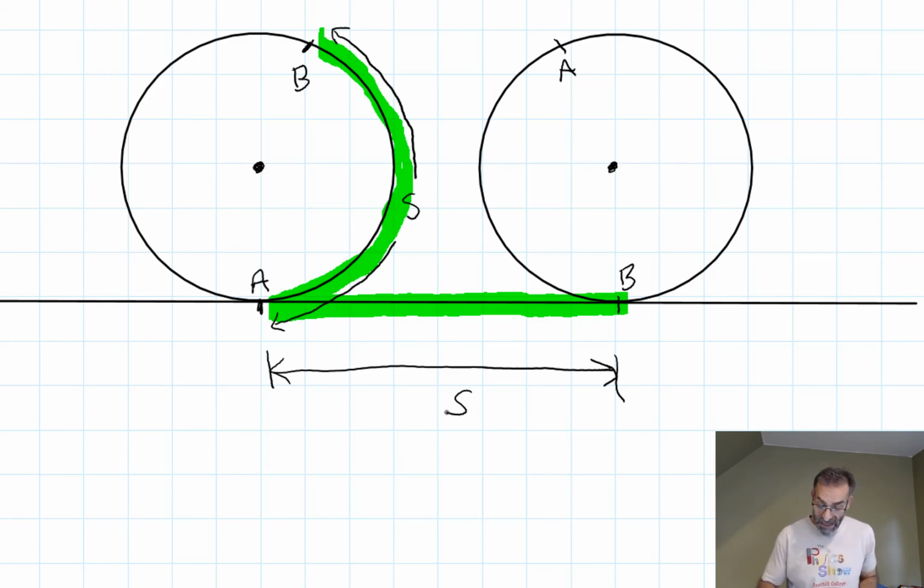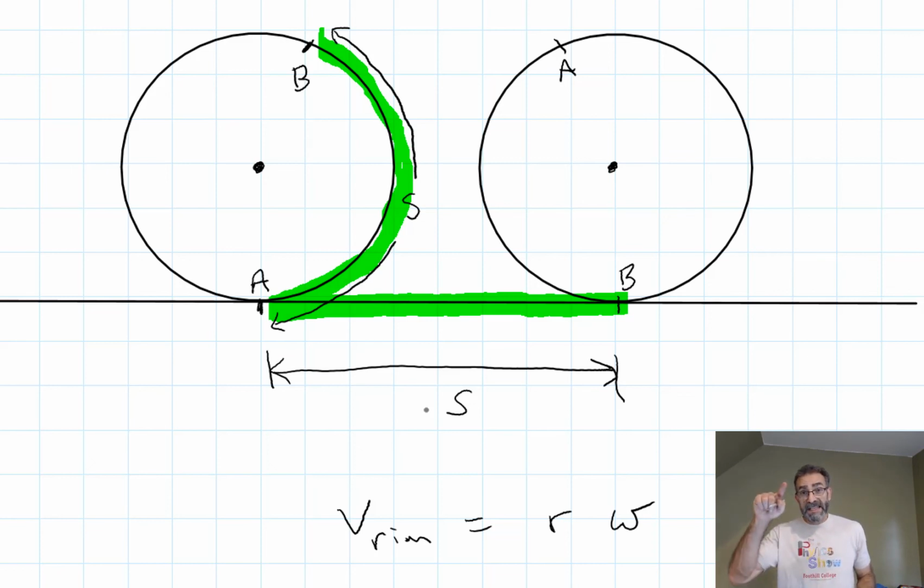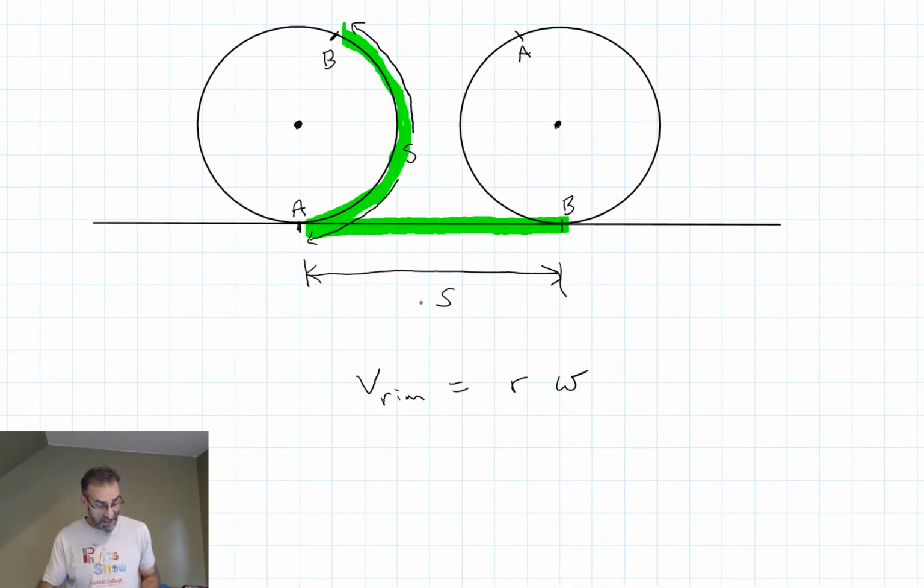And I know that the velocity along the rim has to equal the radius of my wheel times omega. Because the rim covered a distance s in the same time period that the center of mass moved a distance s, I know the velocity of the center of mass is the same as the linear velocity on the rim of the wheel.